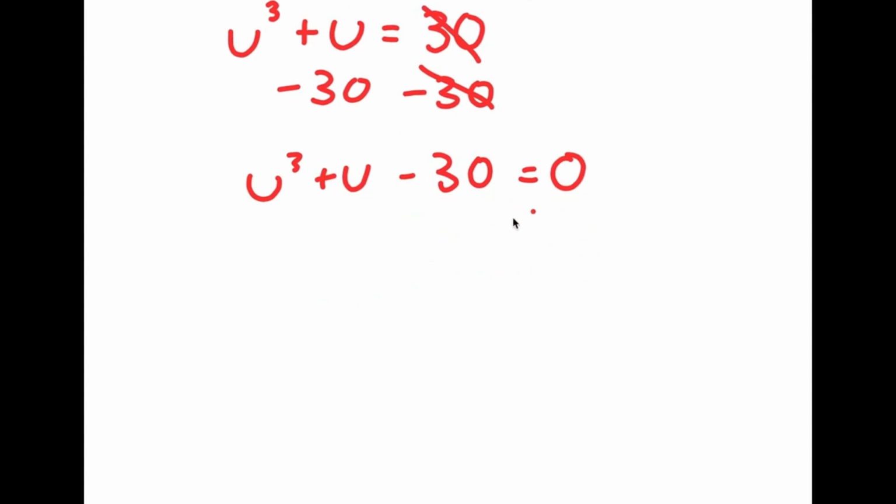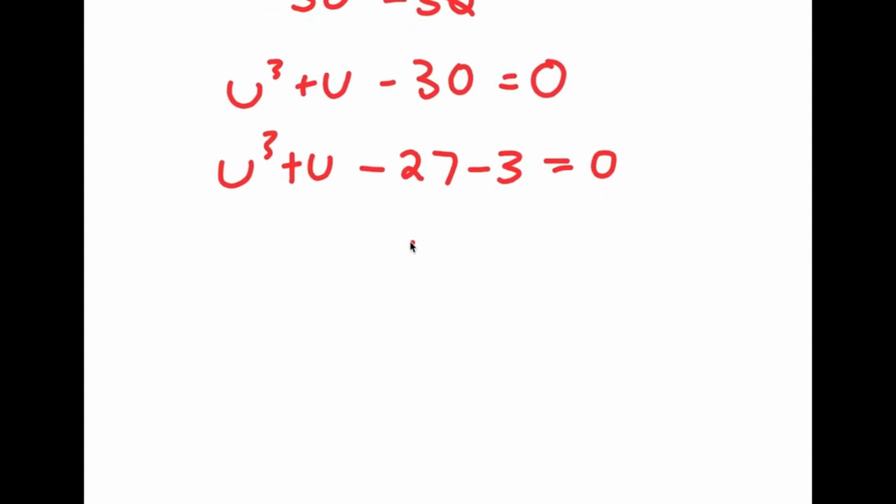Now we have an equation here, and we need to find what value of u makes this equation equal to 0. So what I'm going to do to start is rewrite 30 as negative 27 minus 3. And the reason I did this is because 27 is the same thing as 3 to the power of 3.